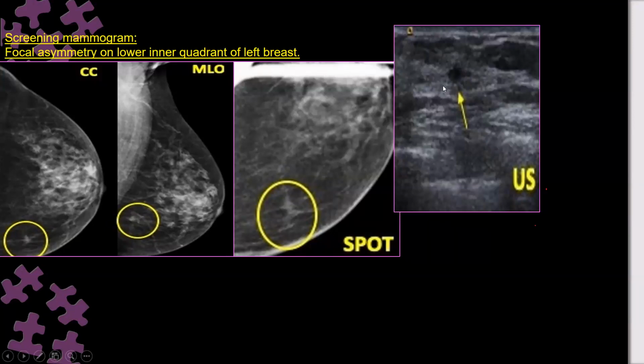This is the ultrasound. I could see these lesions. But look for this parenchyma. Look for the parenchyma. This simulates this, simulates this, simulates this.